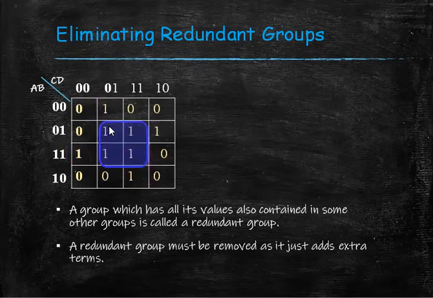The 4 ones of this quad are shared by the 4 pairs. So this quad is a redundant group. It must be removed. We only consider the 4 pairs.